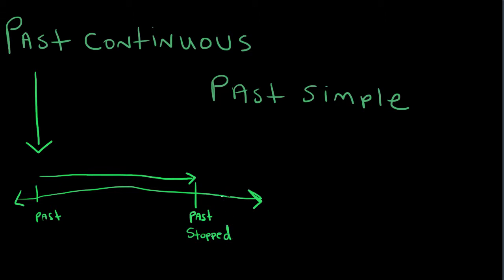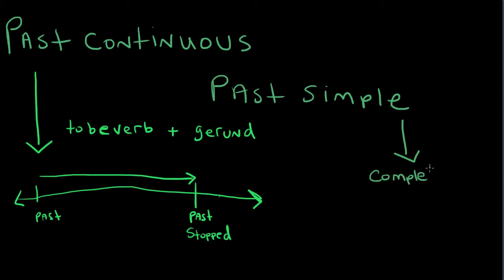So let's look at an example of this. To make the past continuous, we use the to be verb in the past plus the other verb in the gerund. And if you remember, the past simple is for completed actions in the past.